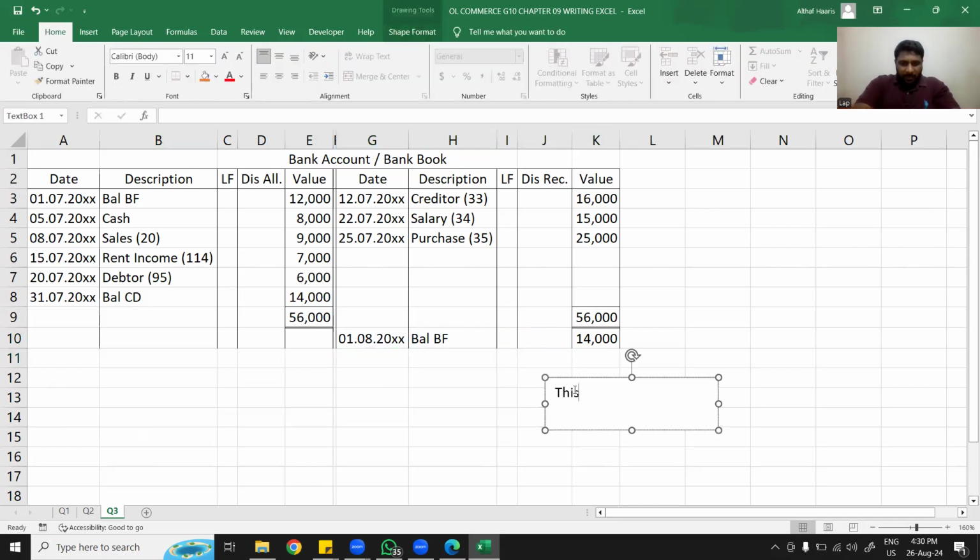This is a negative bank balance. Overdraft.